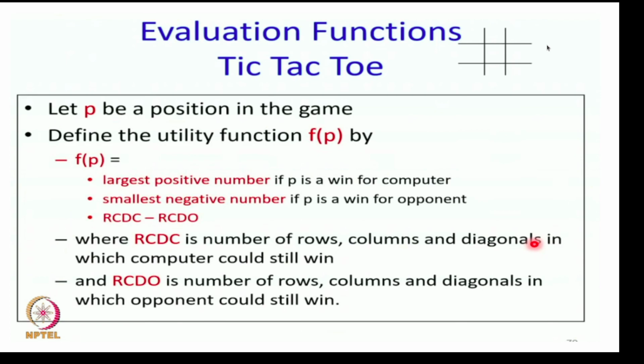A state would be given, and from there you think about how many terminal states could have cross win. Given the situation, let's say 7, not 7, not possible at all. So let's say 2 or 3, and for the other you also need to calculate. For O, it might be, let's say, 1 or 2. Then you are doing 3 minus 1 or 2, which will be 2 or 1. So this will be the utility function for cross.